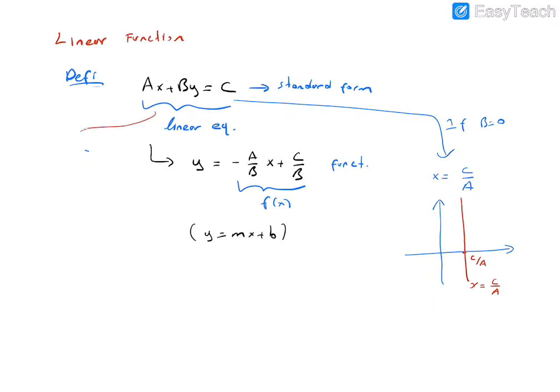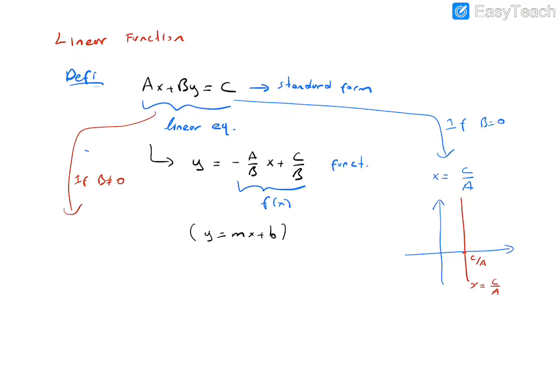If b is different than 0, minus a over b is the slope of the line, and minus c over b is the y-intercept.